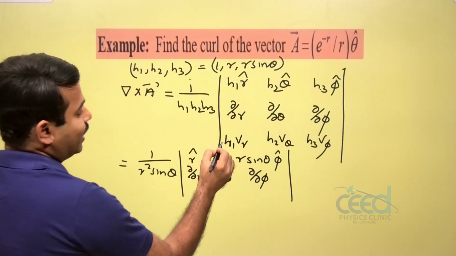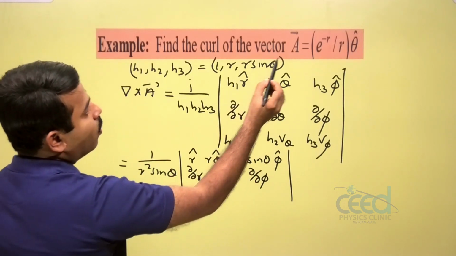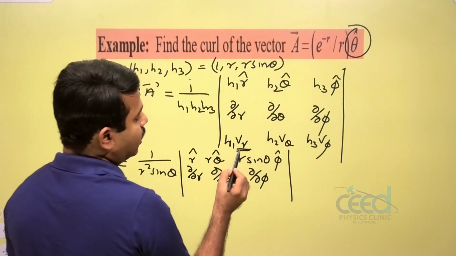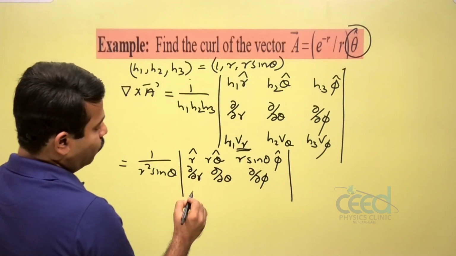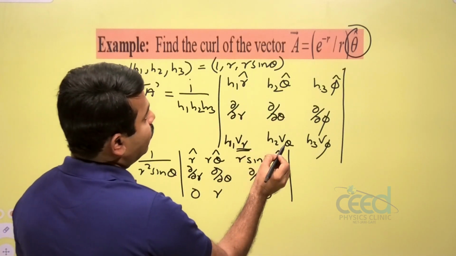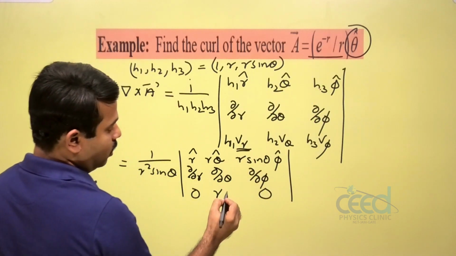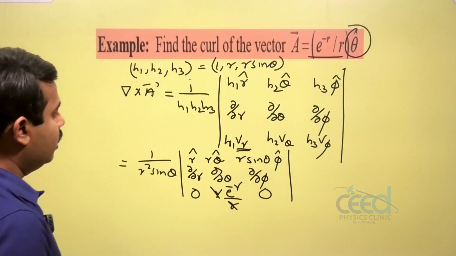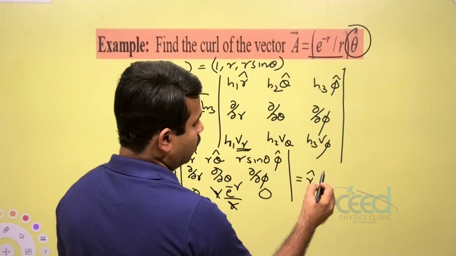Now V_r is 0, we have only the theta cap component, so V_phi is 0, h2 is r. So here 0, here r times V_theta, and V_theta is e raised to minus r by r, so the r cancels. Now expanding this through r cap.